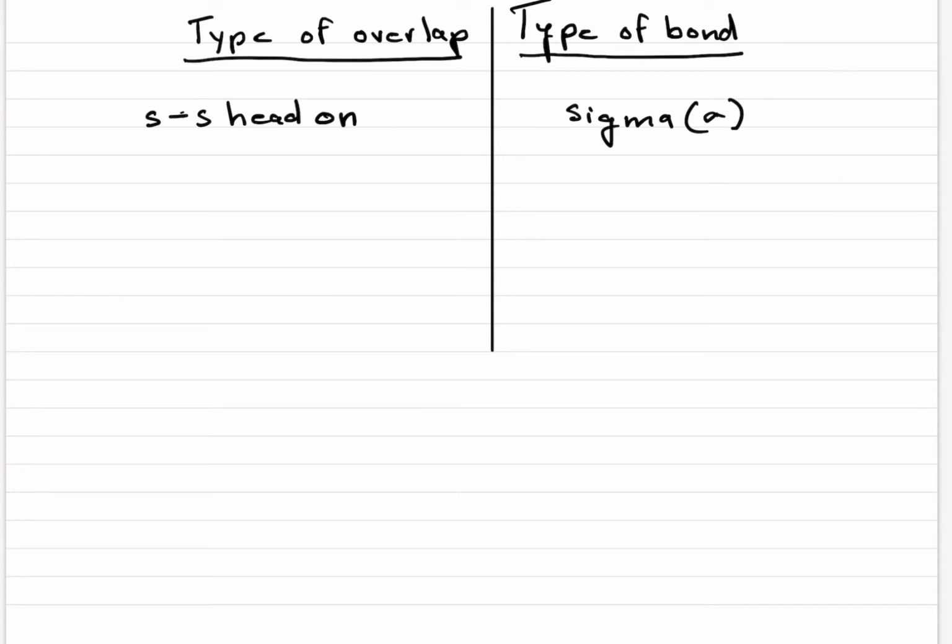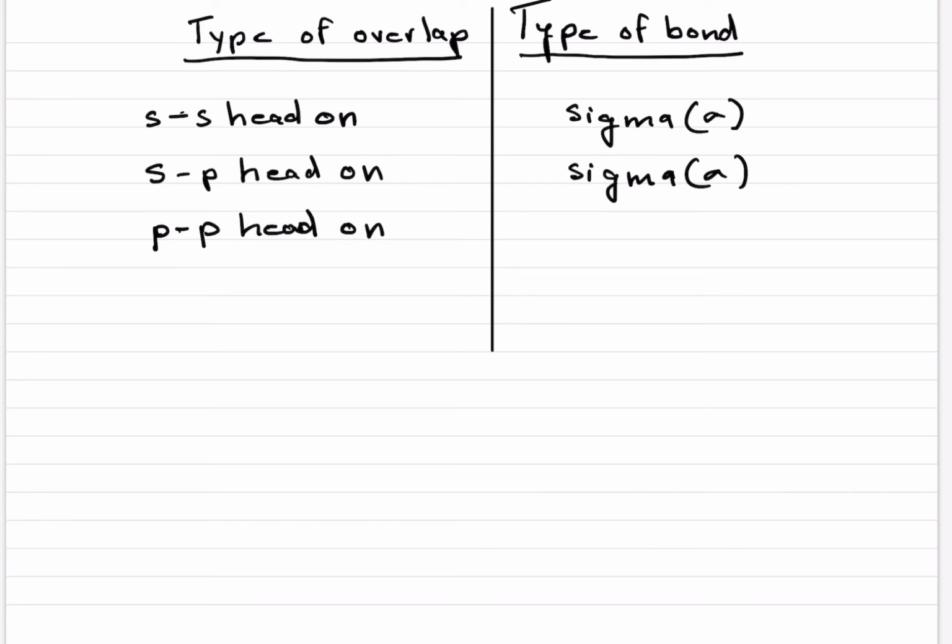Then we have another one, S and P head on. This is again a sigma bond. Then we talk about P and P head on.